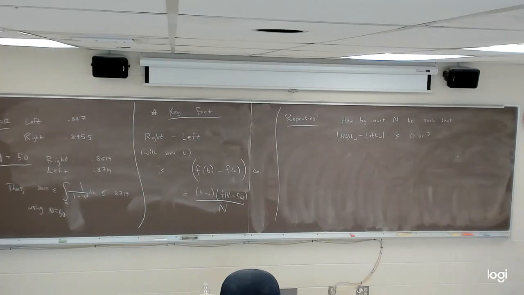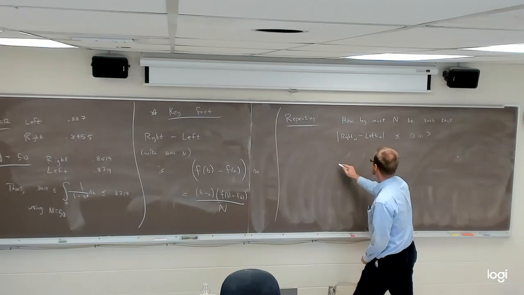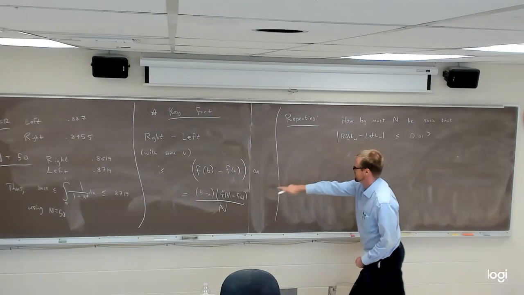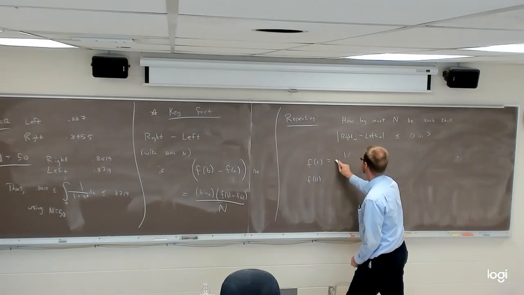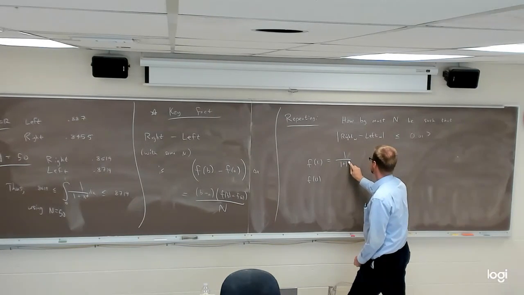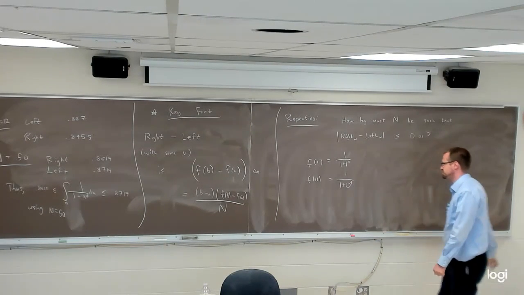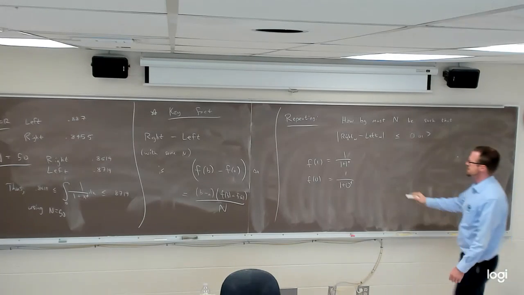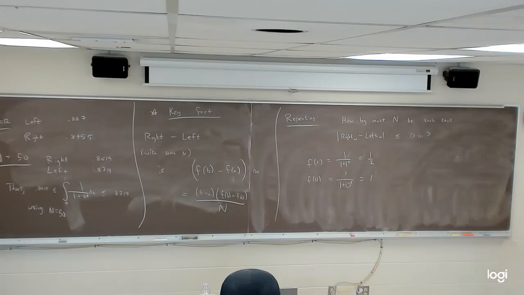So the method that I just used with Desmos was, well, just try a bunch of n's and see how soon they're within 0.01. But we can say I just need to solve this. f of b and f of a are 1 over 1 plus 1 to the fourth and 1 over 1 plus 0 to the fourth. So this is a half, and this is 1. Those are the values of my function on the right and left of the interval.